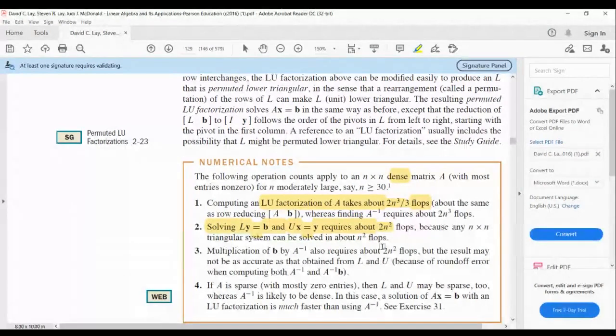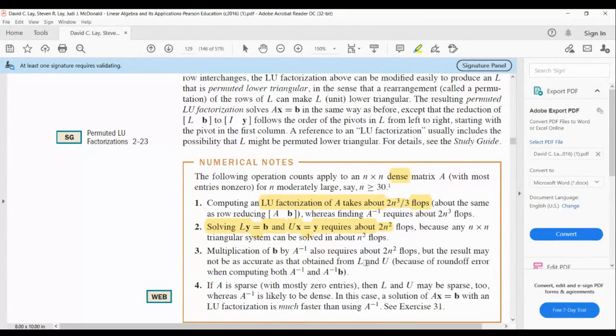So for a 4 by 4 matrix A, the number of flops would be approximately 2 times 4 cubed over 3 plus 2 times 4 squared. 2 times 4 cubed over 3 is about 42, and then you add 2 times 4 squared, which is 32. So 42 plus 32 is about 74, so roughly 74, 75 flops.